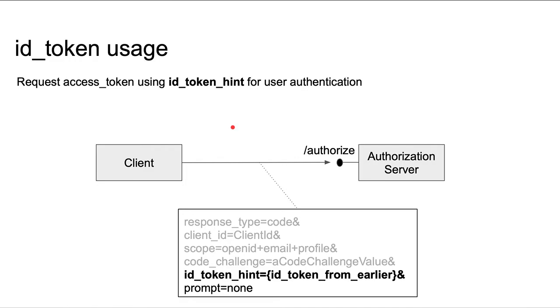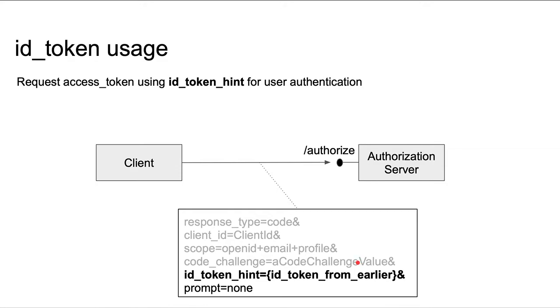So that's one use, and the other one is if your client wants to request an access token. What it could do is, in this example, let's say it's going to go through an authorization code flow, provide the response type, the client ID, the scope, and the code challenge if PKCE is supported.